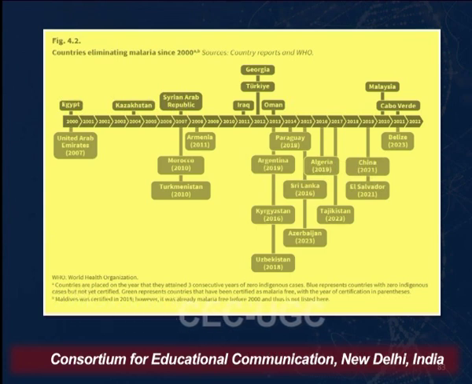So, there are various countries across the globe which have been instrumental in controlling the malaria infection by using the WHO recommended strategies, which include the use of proper drugs or medication, as well as vector control measures, including indoor residual spray and various other methods.